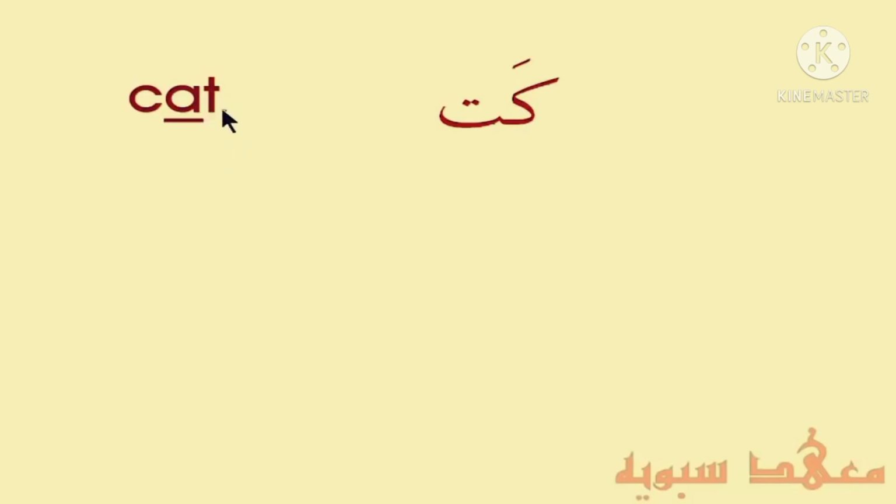So the T doesn't have any vowel associated with it. It's actually just a stop on the T. So in this case, we would actually put a sukun there. Cat. If we gave it actually a mark, for example, the fatha, it'd be kata, or katu, or kati.